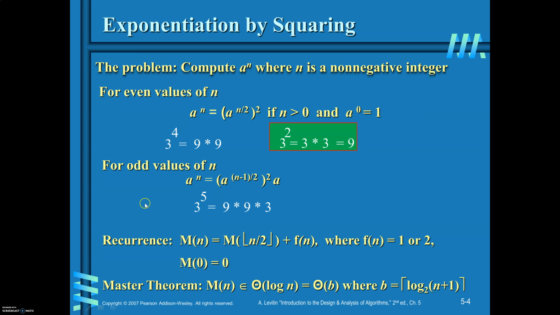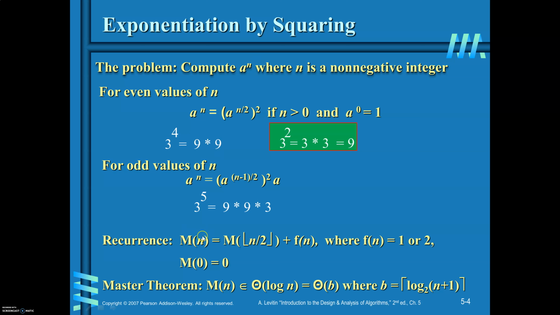You need to count how many multiplications you are required to do in order to find a power n. The basic operation performed here is multiplication. So the time complexity of finding the solution for a power n depends on the number of multiplications performed in order to find a power n.